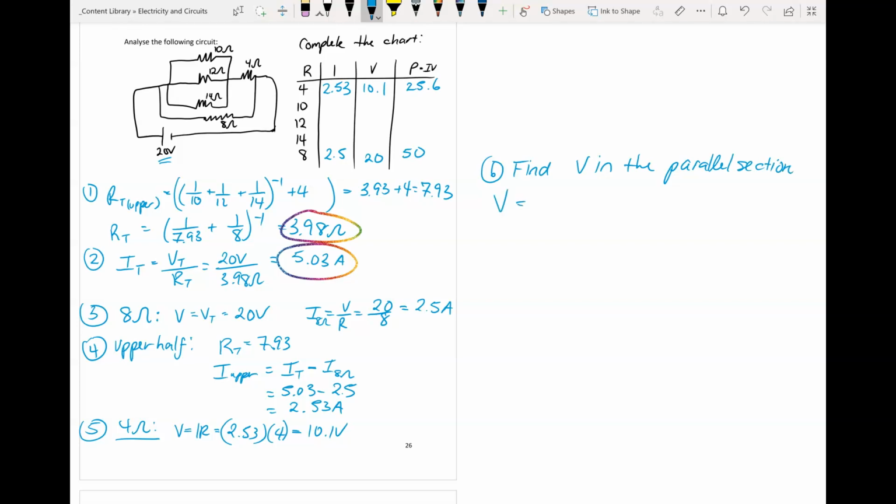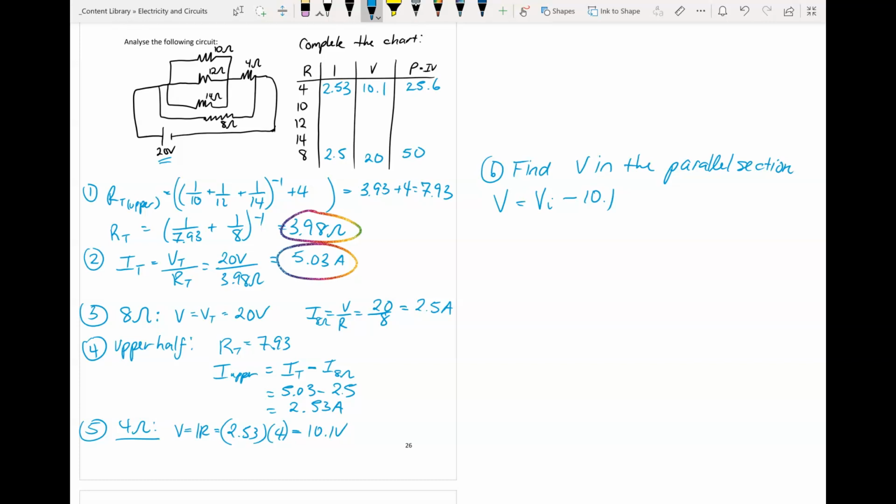So for V, it's going to be the potential difference, the initial one, which is going to be the 20 volts, minus the potential difference we found for 4 ohms. Because this was calculated from the upper half. So remember, the upper half is all connected with each other. We found the potential drop from just the 4 ohms.